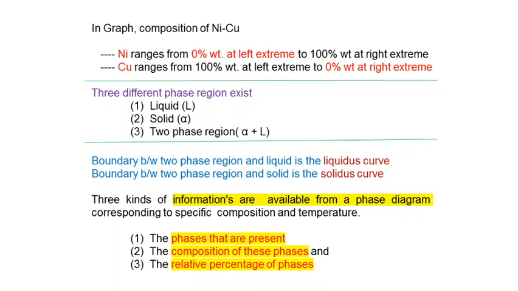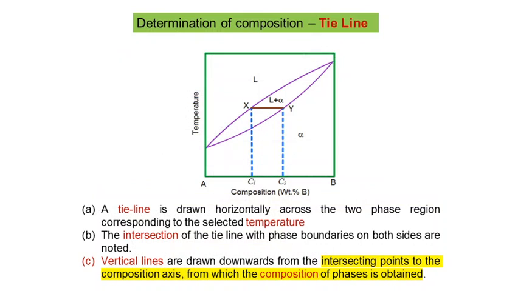And the relative percentage of phase means, if you are considering the inner region where we have liquid plus solid phase, how much contribution of liquid phase is there and how much contribution of solid phase is there.